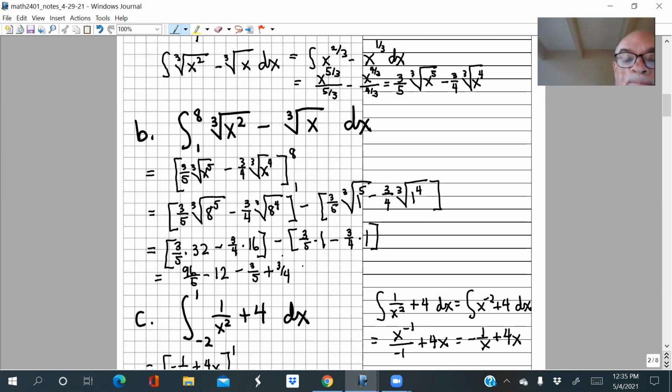Okay, so let's go ahead and finish this. 96/5 minus 3/5, that's 93/5. And then we have minus 12 plus 3/4. Let's write that in terms of fourths. So this is minus 48/4 plus 3/4.